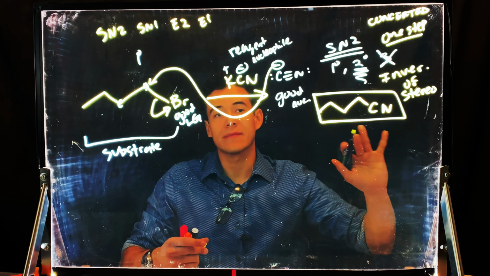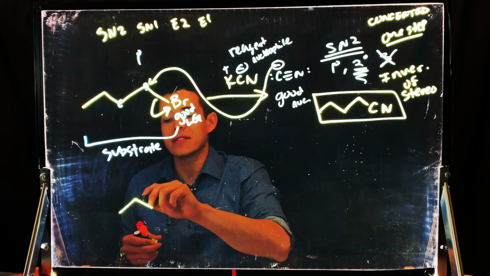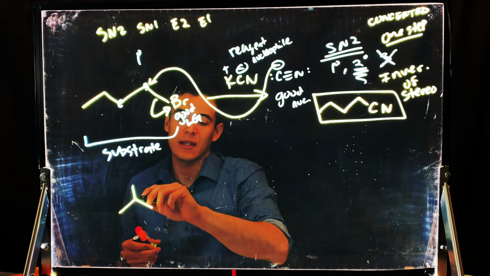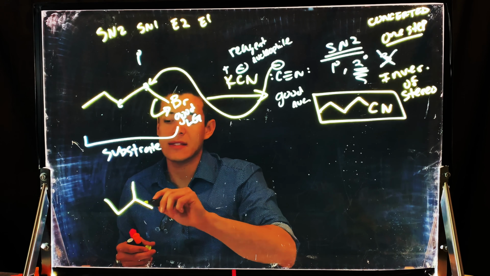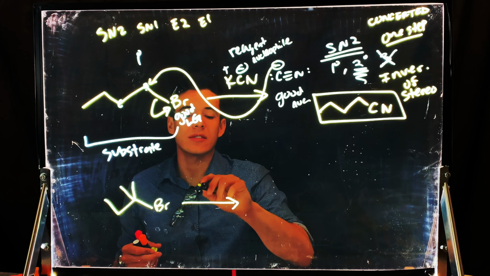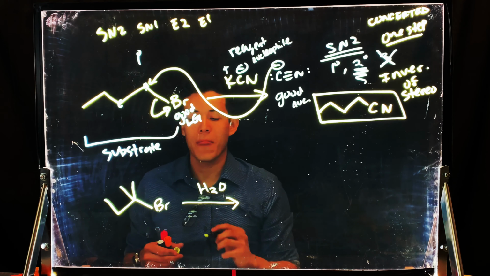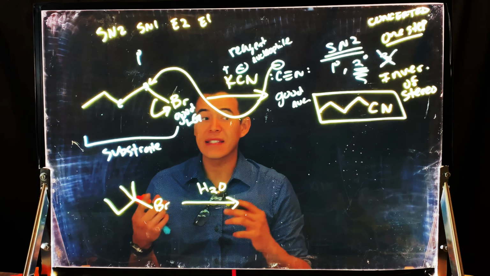Now, let's compare to an SN1 style condition. Say we had this and a Br here, and we reacted this with water. Well, this has different conditions.